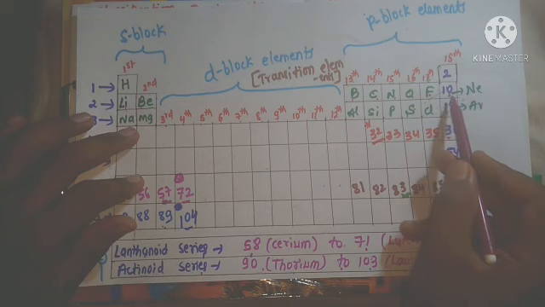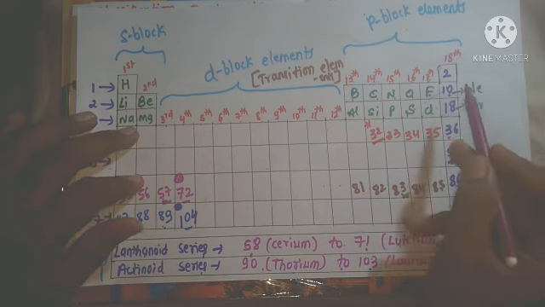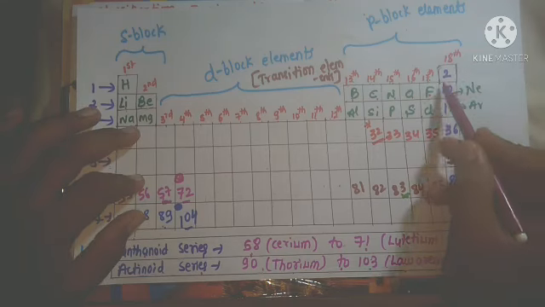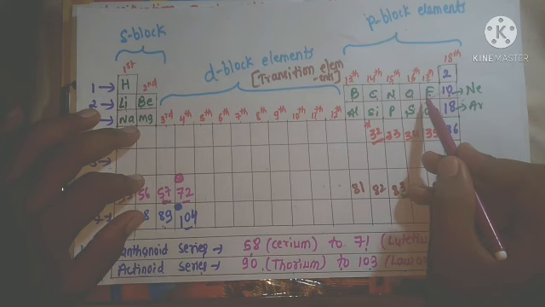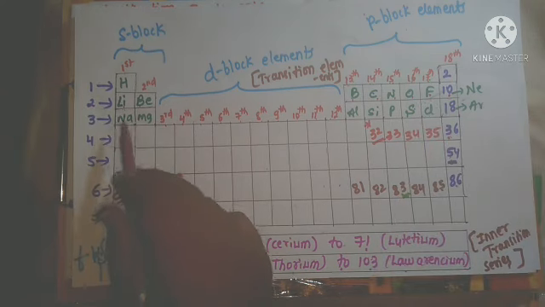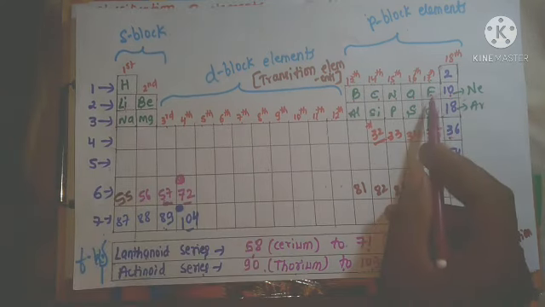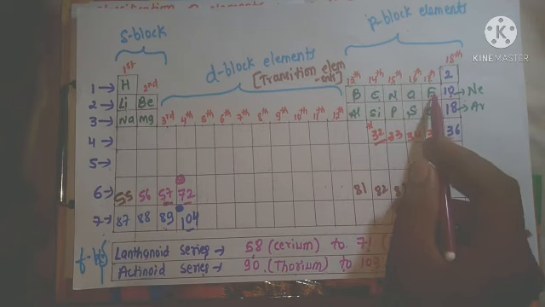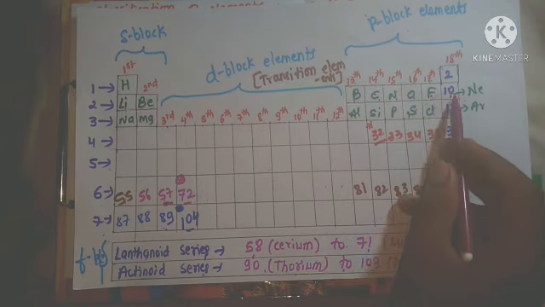After halogens the size increases. This you should remember. Lithium to fluorine size goes on decreasing up to halogens. After halogens the size increases.